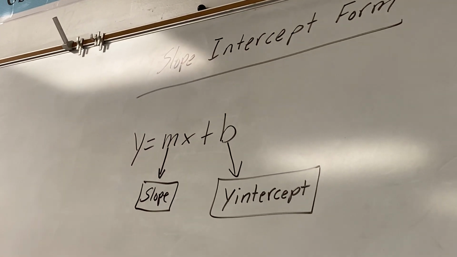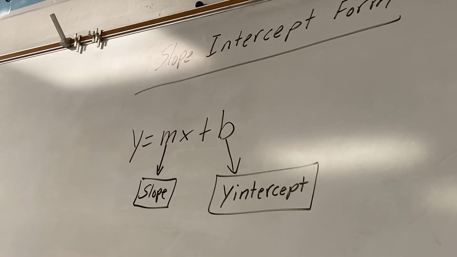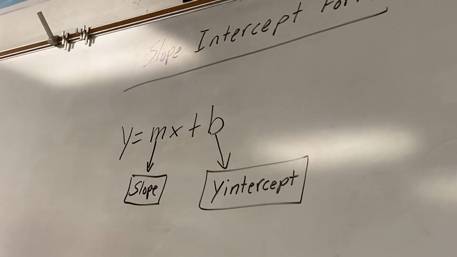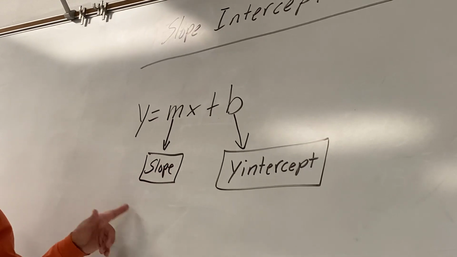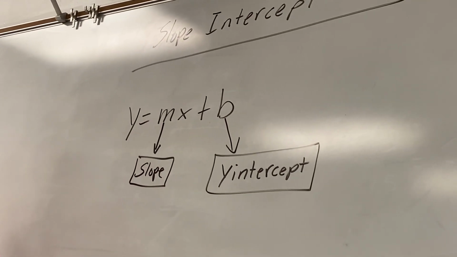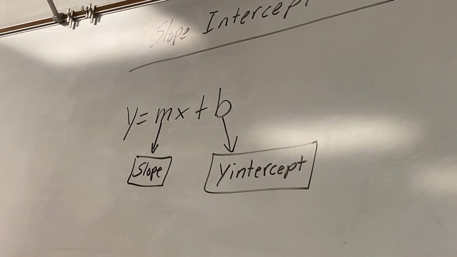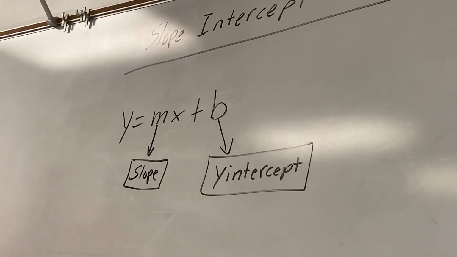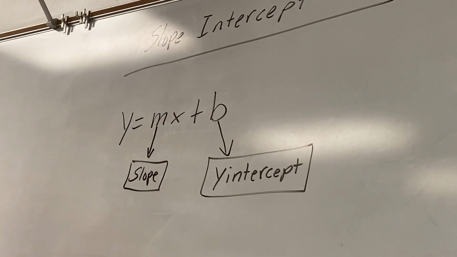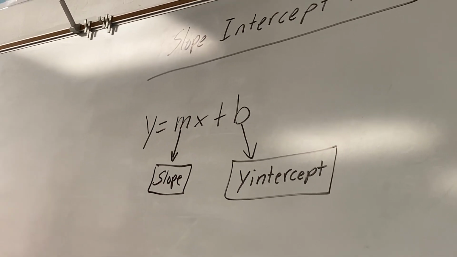Okay, now haven't we already talked about slope? Yes. Give me one of the definitions of slope. You got your notes out. Emma, give me one. There's a bunch. Any of the definitions that we have for slope.